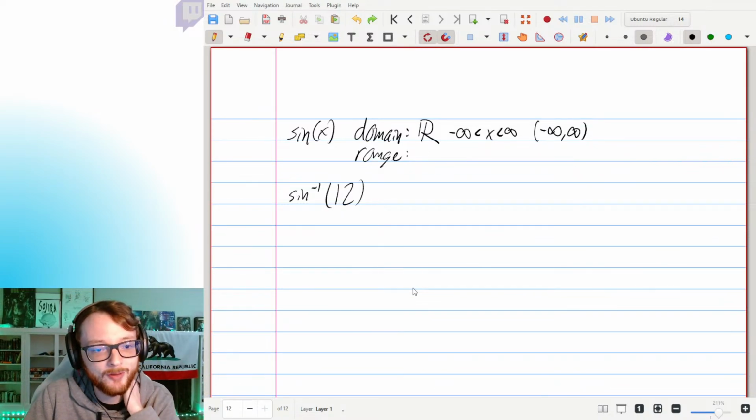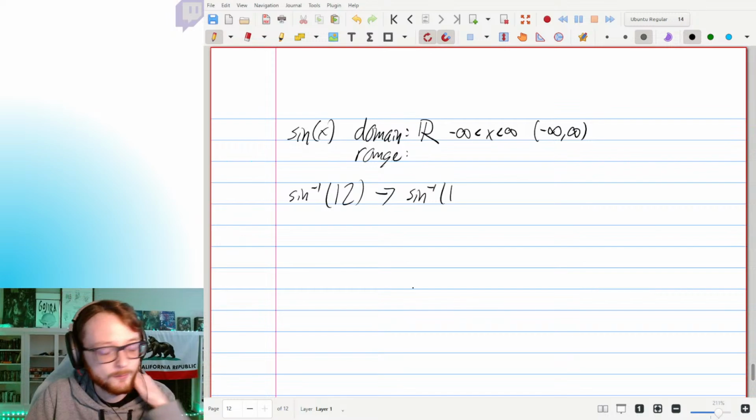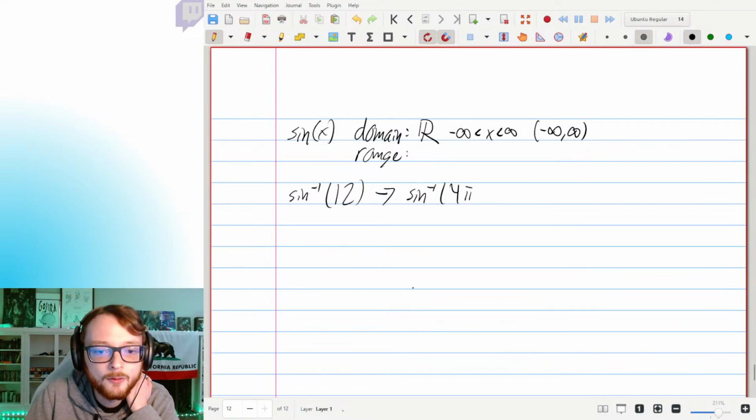Yeah, I think this just can't. I feel like if you're in a situation where you have this, something's usually gone wrong. Like you're saying you could try writing it as inverse sine of 4 pi minus 12, but the thing that goes inside an arcsin isn't an angle, so I'm not sure that the 4 pi is really doing much.